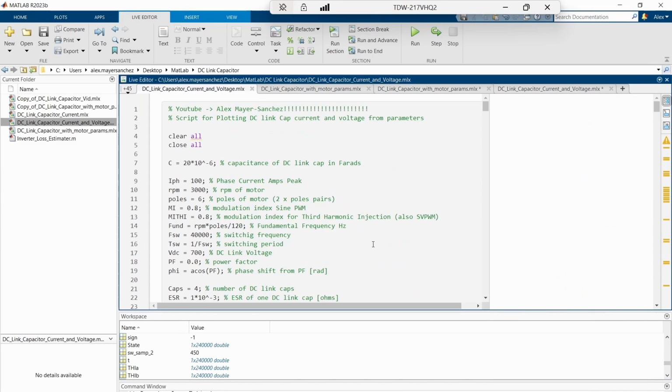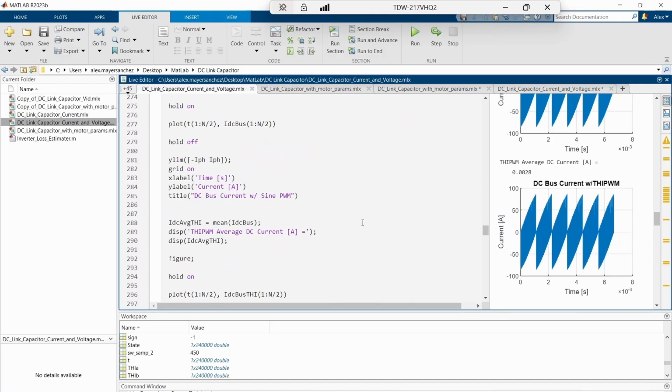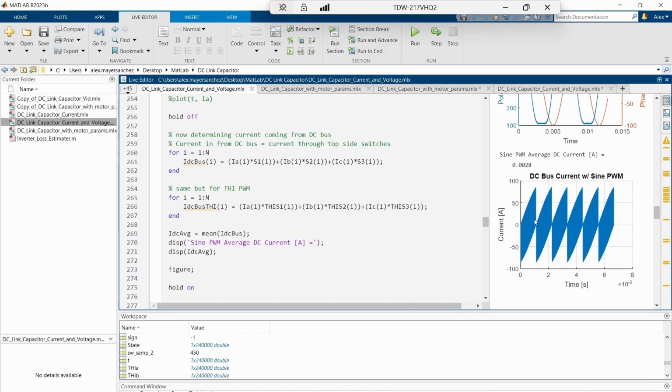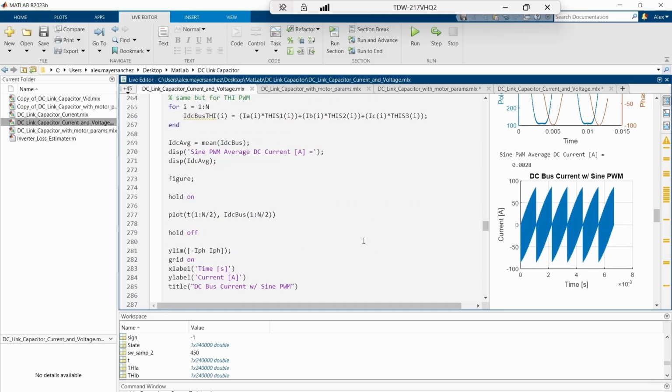So let's keep it at 0 for now and see what results we get. This is the instantaneous current from the DC bus. It's going to have a DC component that is the actual power you're inputting, and an AC component that is due to the switching frequency and the power factor of the load.